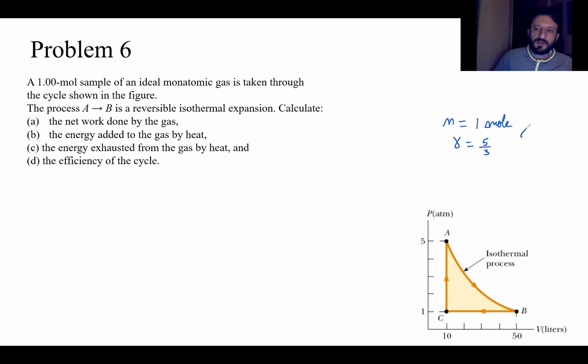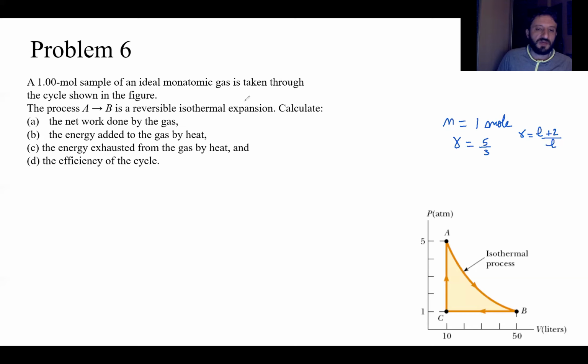You know, gamma equals (L plus 2) divided by L. In the case of monatomic gas, L equals 3. In the case of diatomic gas, L equals 5. First of all, the process AB is a reversible isothermal expansion.